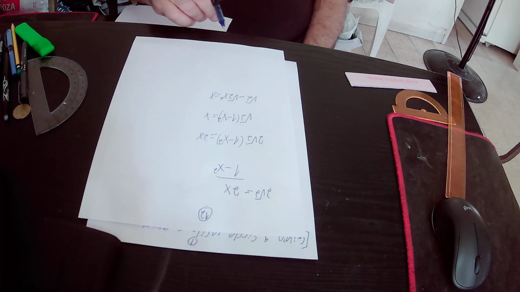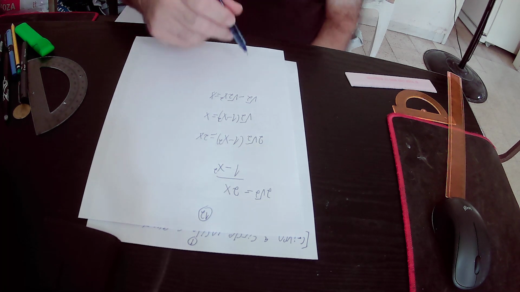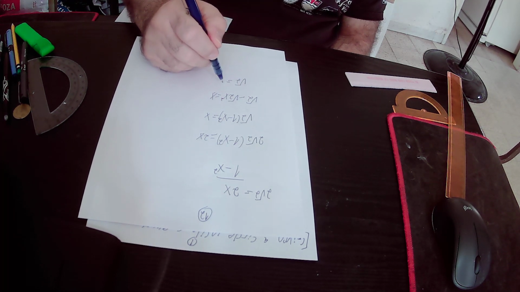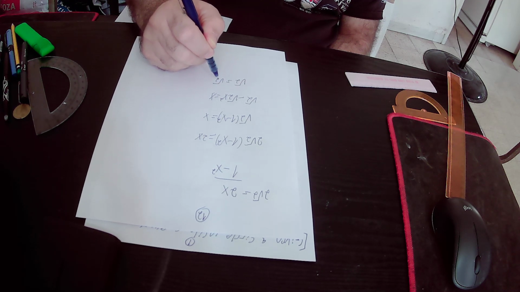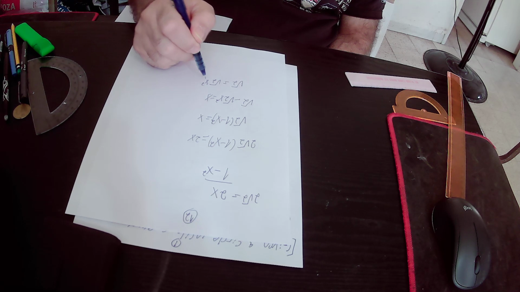Here we will add root 2 x squared to this equality, and we will get root 2 equals root 2 x squared plus x.